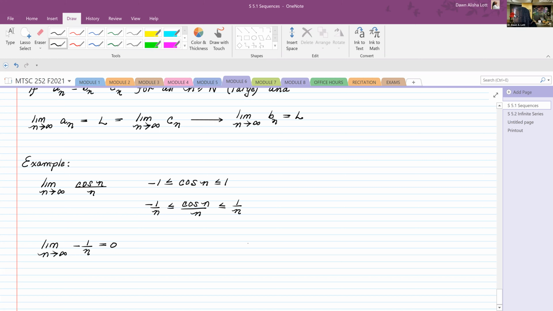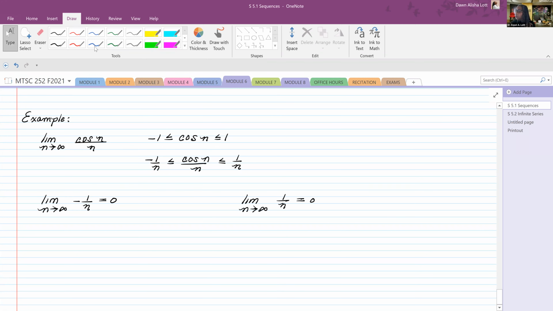And the limit as n approaches infinity of 1 over n, we already know that. That's 0. So since the cosine function is sandwiched in between, the limit as n approaches infinity of the cosine of n over n is also 0 by the sandwich theorem.